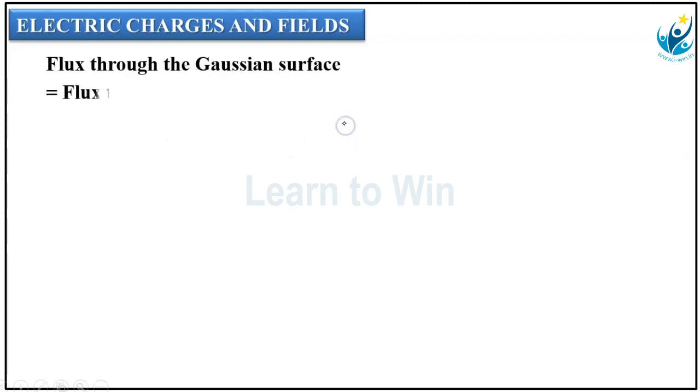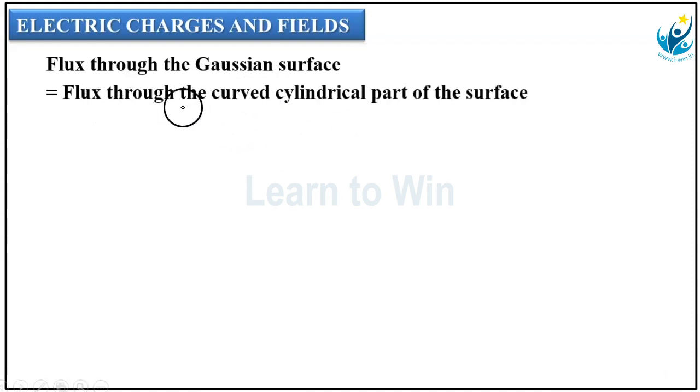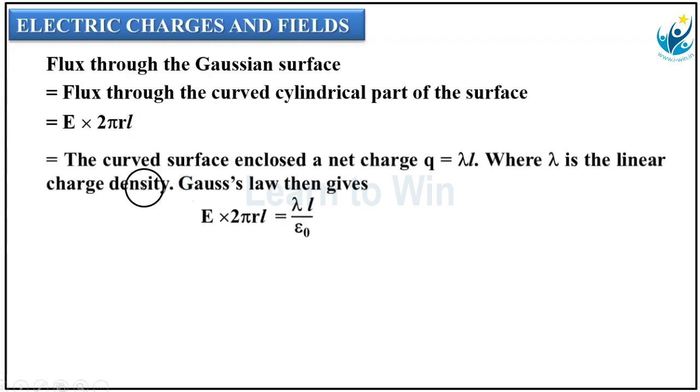Flux through the Gaussian surface is only the flux through the curved cylindrical part of the surface. For the remaining 2 parts, flux becomes 0, which is equal to E into area. Electric field intensity E into area 2 pi r L. Already we discussed it. This flux is equal to Q by epsilon naught according to Gauss law.